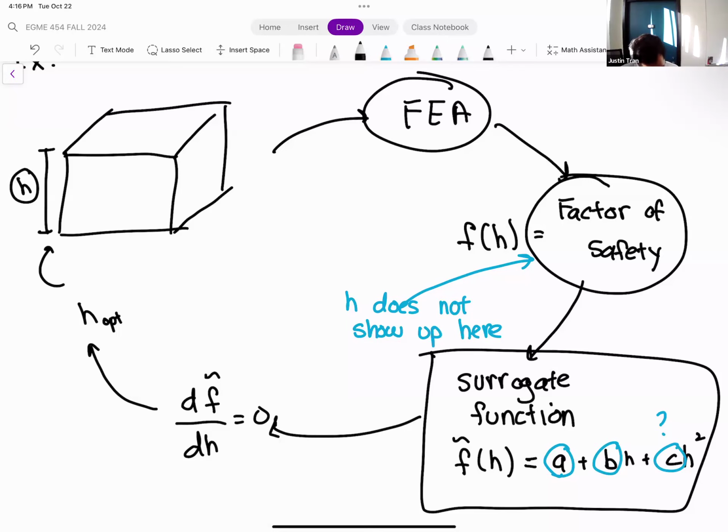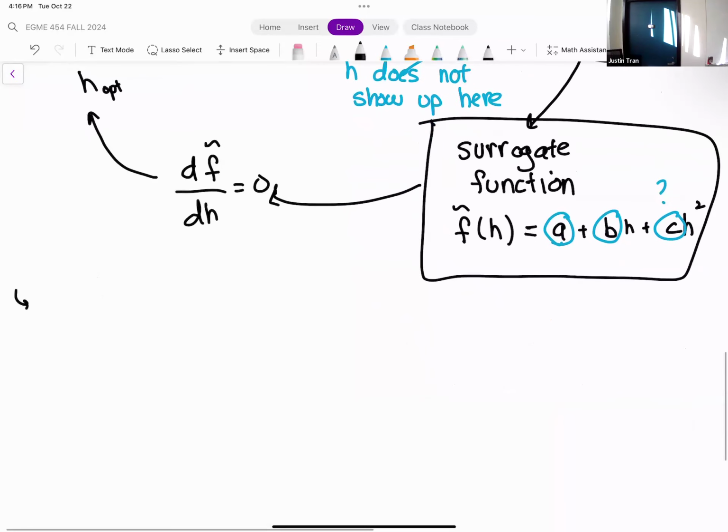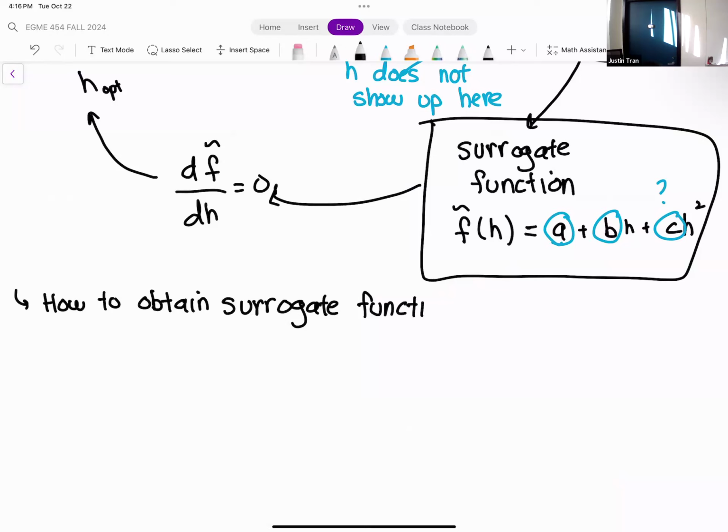All right. So how do we obtain a surrogate function? Anytime you do any kind of functional approximation, it goes in two steps.